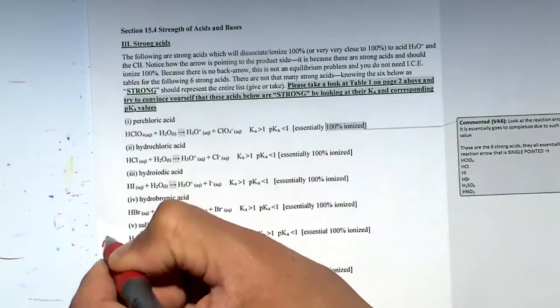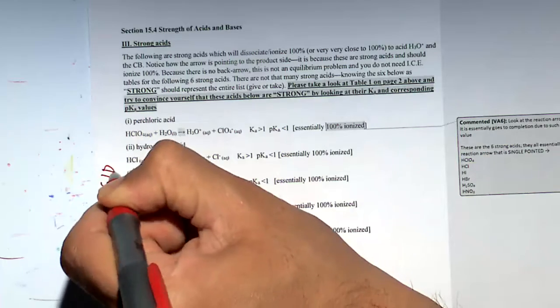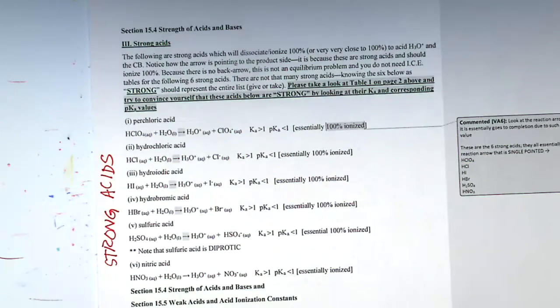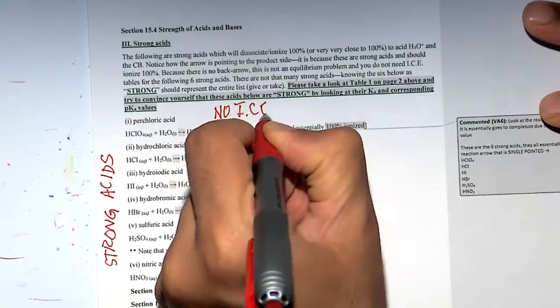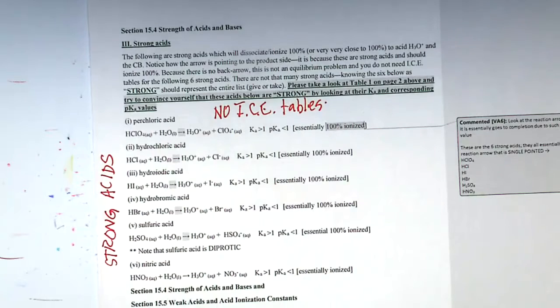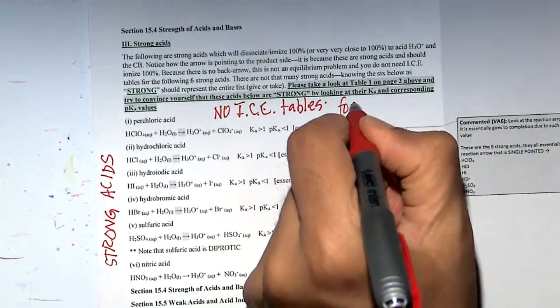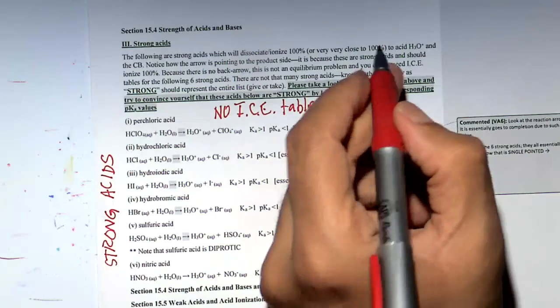I'm talking about ice tables here, but really, strong acids do not need ice tables. This is a good thing, right? No ice tables for strong acids. It's the same thing for strong bases.